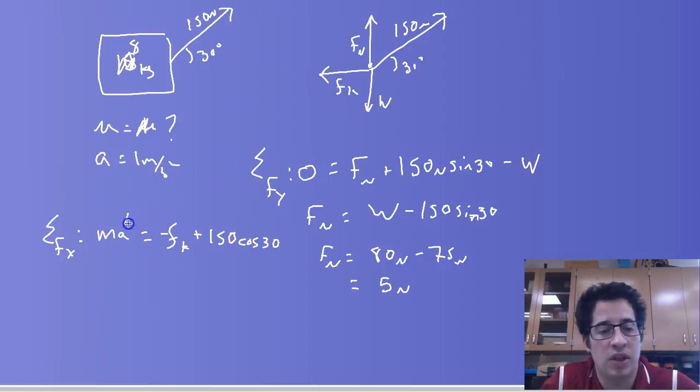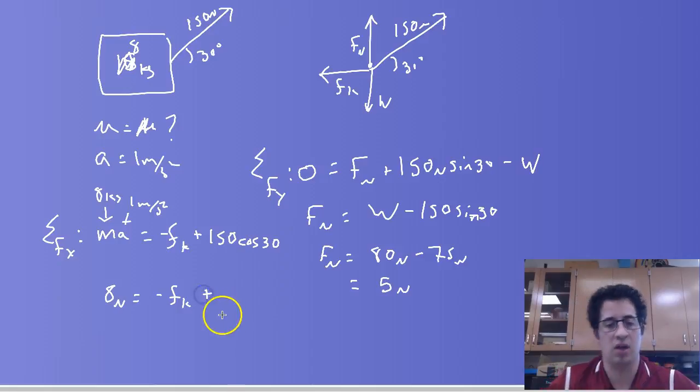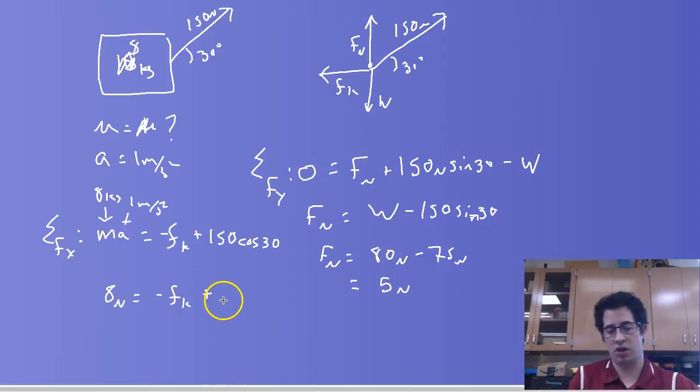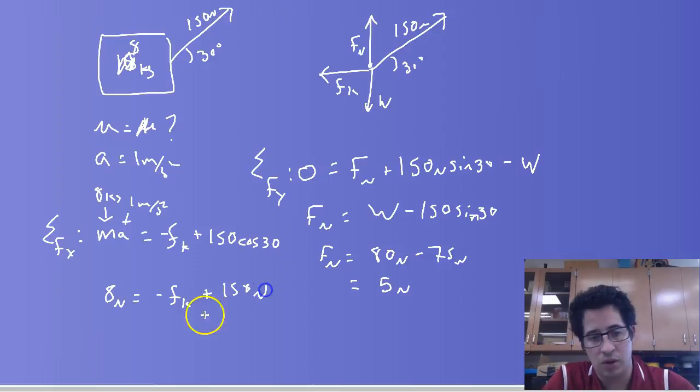And then a we said was 1 meter per second squared, and mass 8 kilograms. So we plug these in: 8 kilograms times 1 meter per second squared gives us 8 newtons. This is negative F of K, and then 150 times cosine of 30 is going to be about 150 newtons. So we get that F of K is equal to 142 newtons.